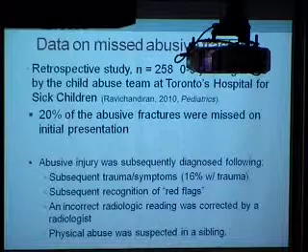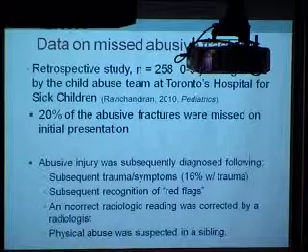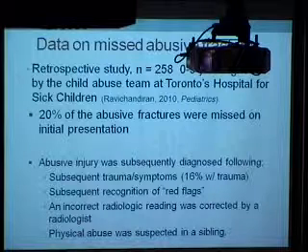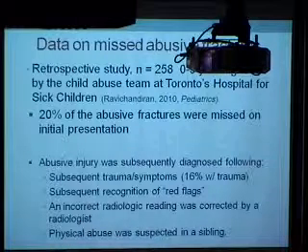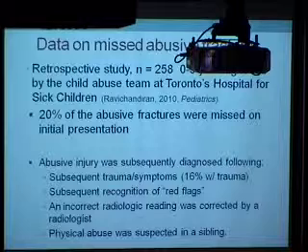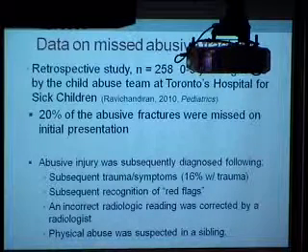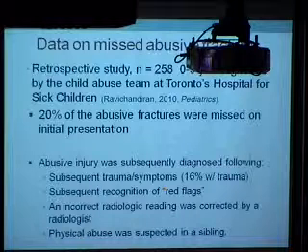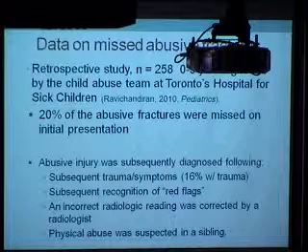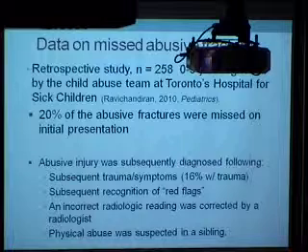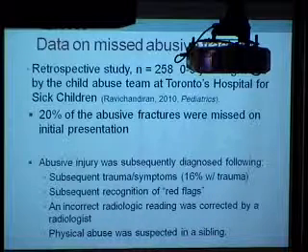They found that 20% of the abusive fractures were missed on initial presentation. When they went back to figure out how they then made the diagnosis in those 20%, kids came back with subsequent trauma or symptoms. 16% of those presented back with additional trauma.